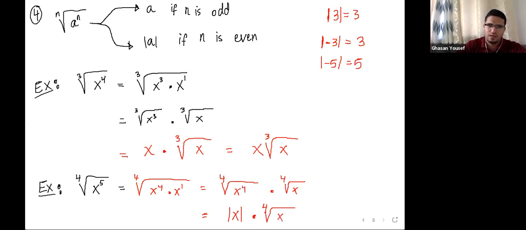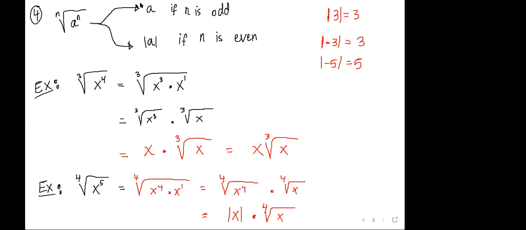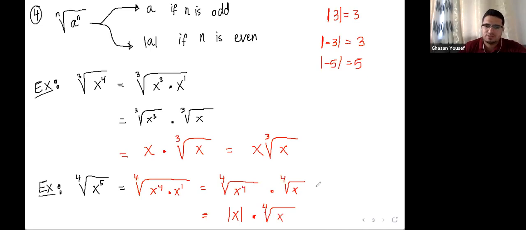Clear? We can't really see the bottom. Okay, so this is equal to the absolute value of x times the 4th root of x. You can see right now? Yes, thank you.